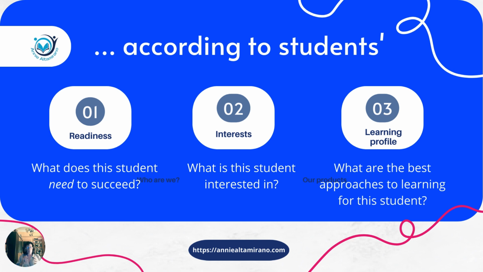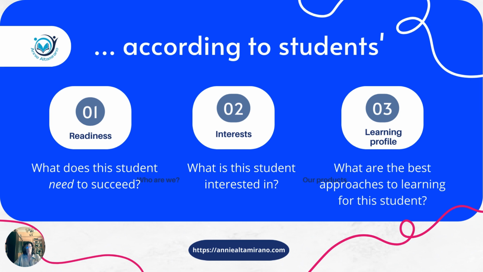So, the goal of learning profile differentiation should be to create more ways in which learners can take in, engage, and demonstrate knowledge. Help them develop an awareness of what approaches to learning work best for them, and guide them to know when and how to change to improve the learning outcomes. So, the question we need to ask ourselves here is, what are the best approaches to learning for this student?